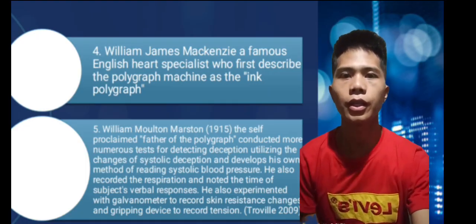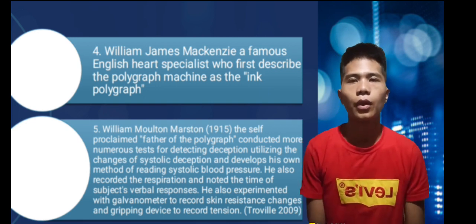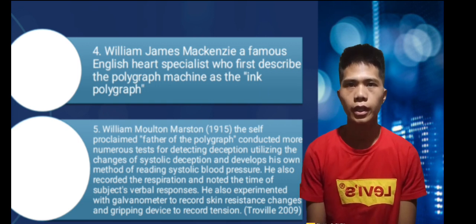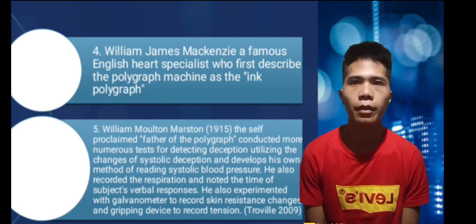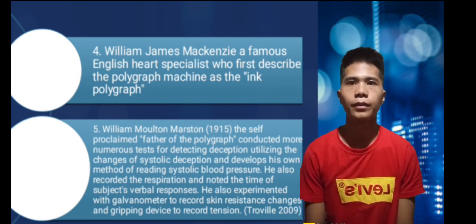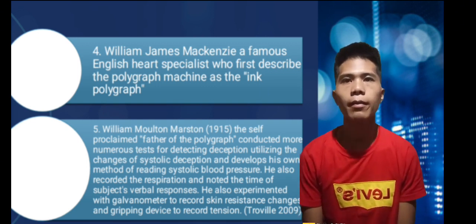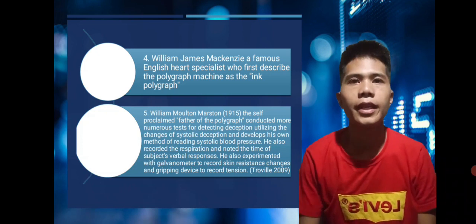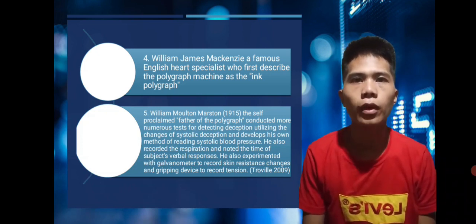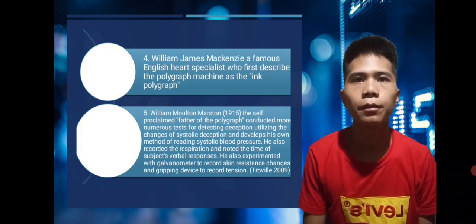The next is William Mackenzie. William Mackenzie is a famous English heart specialist who first described the polygraph machine as the ink polygraph. And the next is William Moulton Marston, the self-proclaimed father of the polygraph.